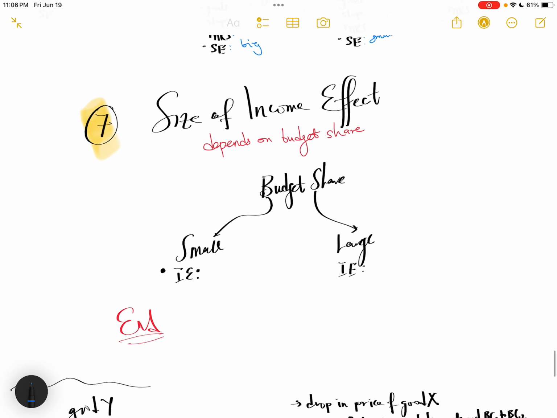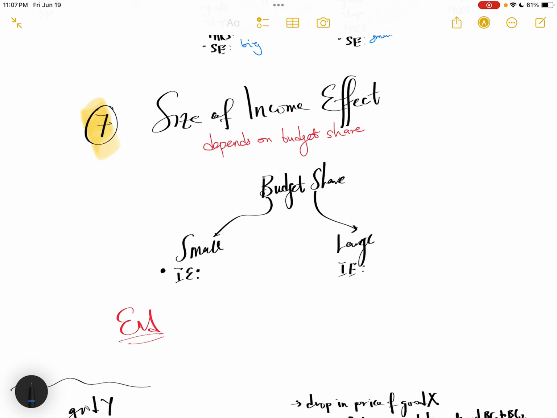What about the size of the income effect? The size of the income effect depends on the budget share. And so, if that budget share is small, then the income effect will be small after a price change, right? Your example here will be toothpaste.